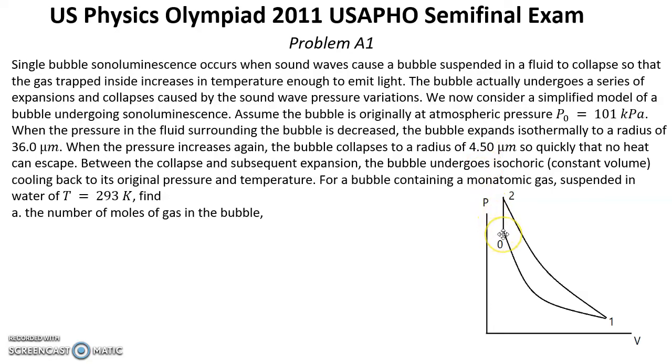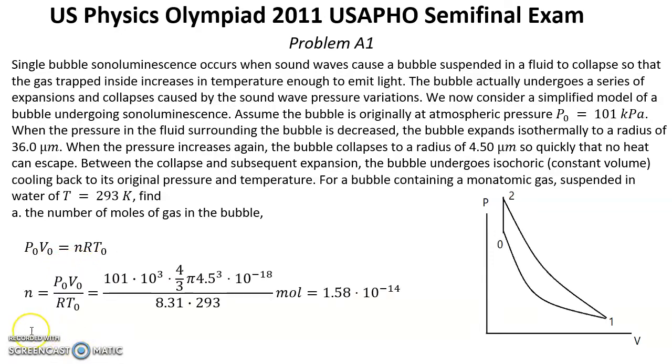So we know what the volume is in point 0, we know the temperature in point 0, and we know the pressure in point 0. From this data we can find the number of moles in this bubble. For that we use the ideal gas law. This is our equation.